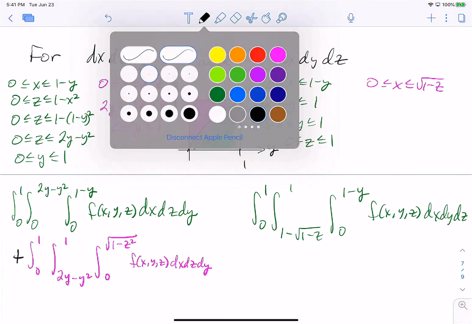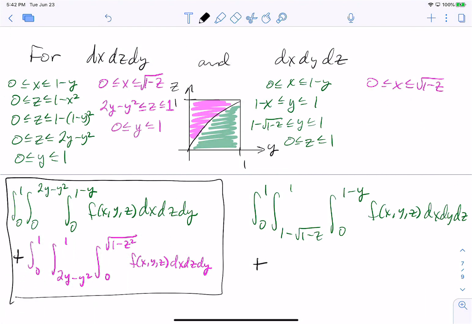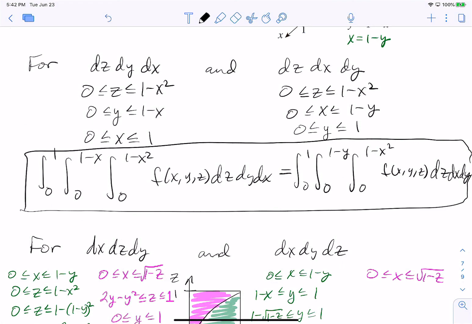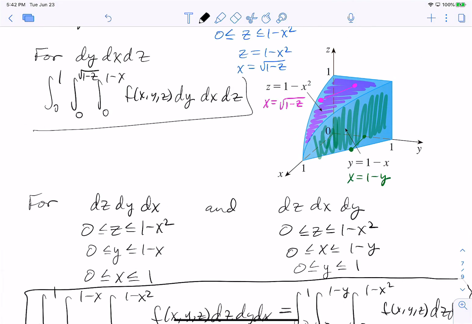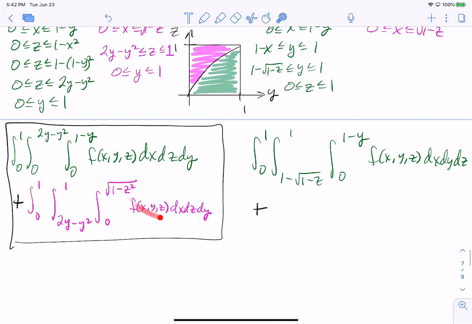To that, we're going to add the iterated integral that represents the pink portion. At this point, I'm going to go ahead and put boxes around my answers because, first of all, it's good form. And I think I'm about to run into a problem presenting the answer there, because it would have been difficult to see what was going on with all of these triple integrals.